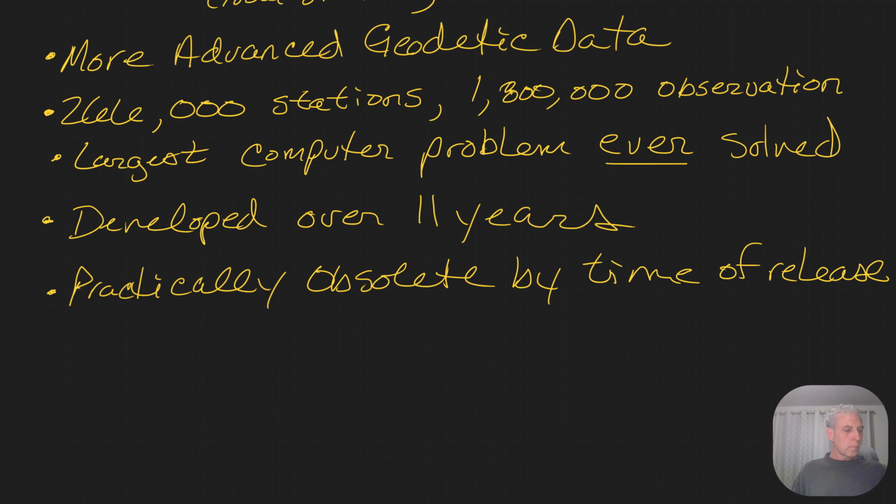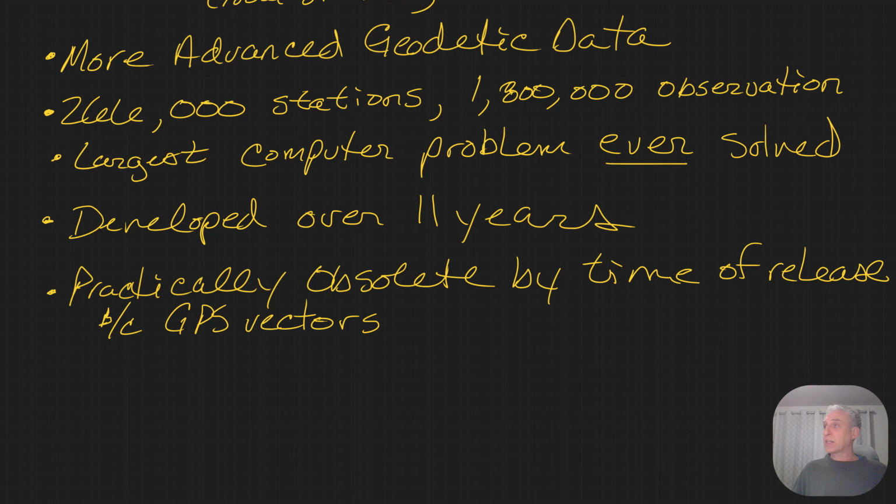Why? It's because of GPS vectors that were becoming more and more democratized. More survey firms in the private sector had access to GPS equipment and could actually perform observations and get their own GPS data and vectors.